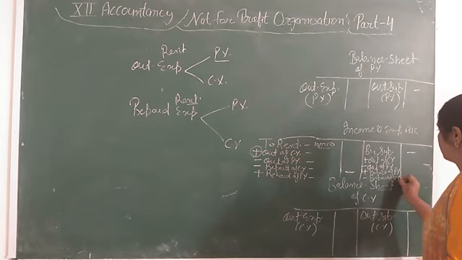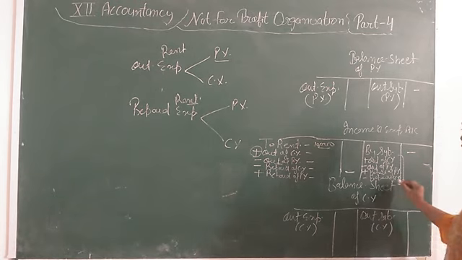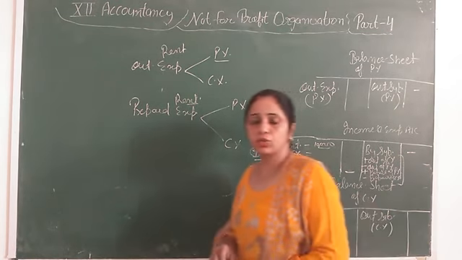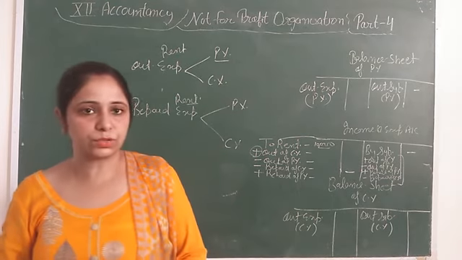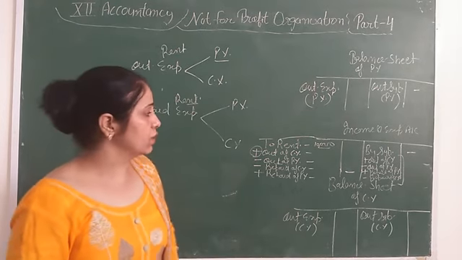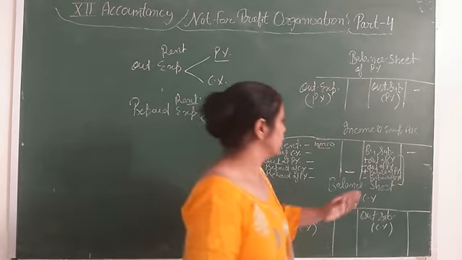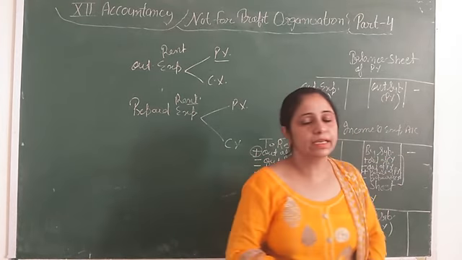But sometimes extra information comes in this, so you have to make the subscription account. Then the amount you get as the balancing figure, you directly write here in the income and expenditure account.